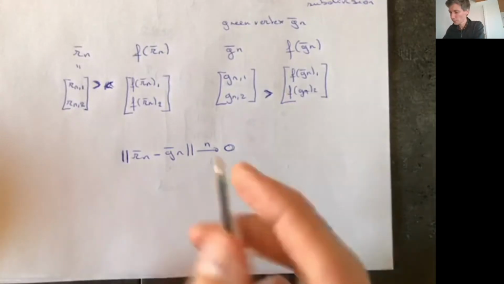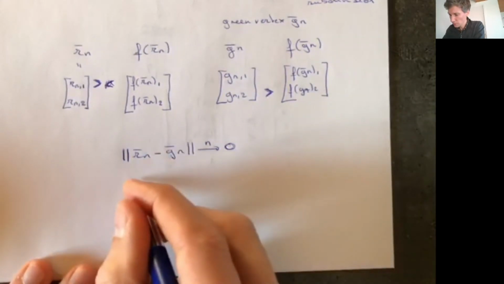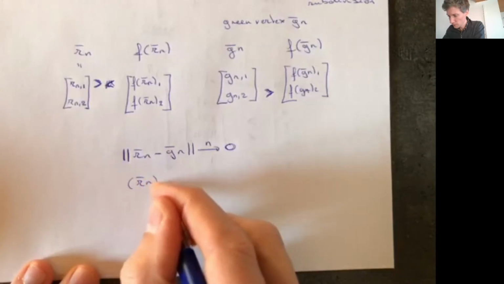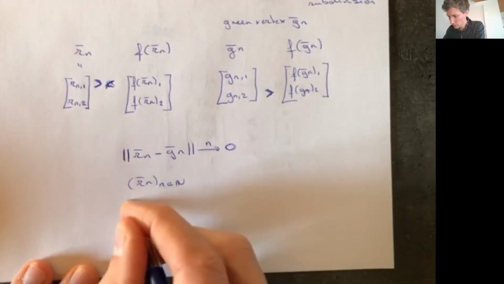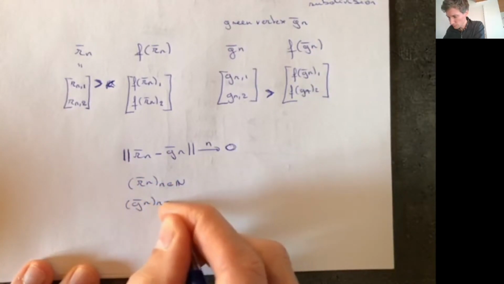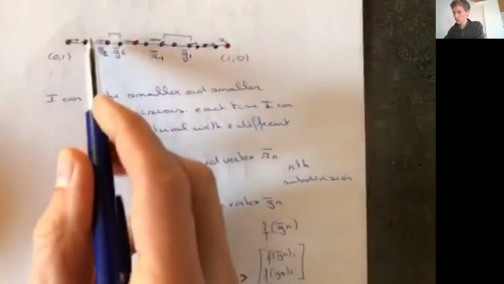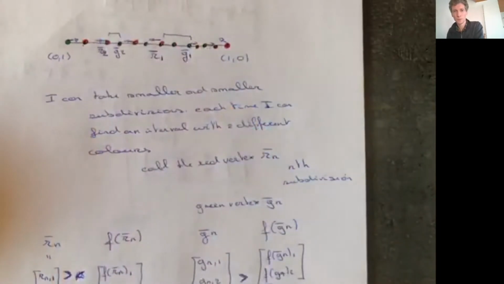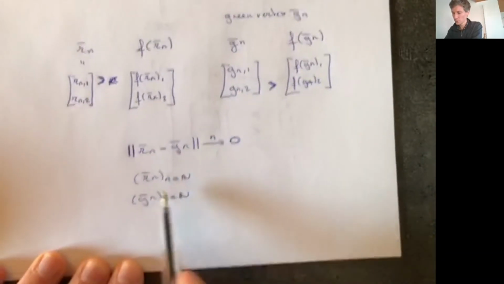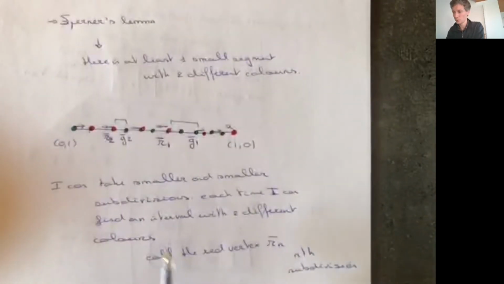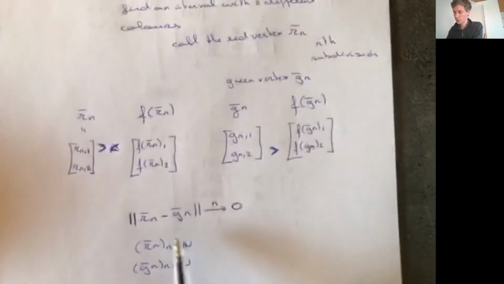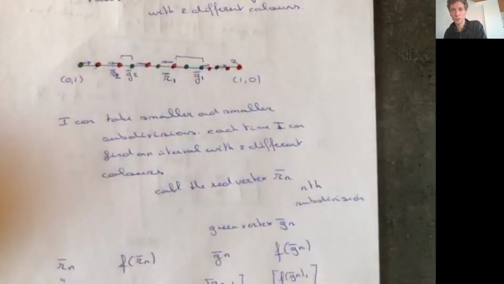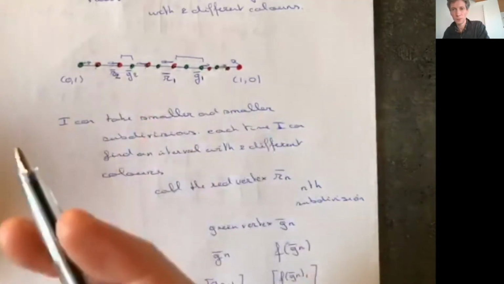However, if we look at the sequence Rn, and if you look at the sequence Gn, well, they wander around in this interval, right? And it's not because this goes to 0 that these sequences also go to 0. They tend to get closer and closer together over time, but it's not like we are sure that they have to converge to some vector in this interval.